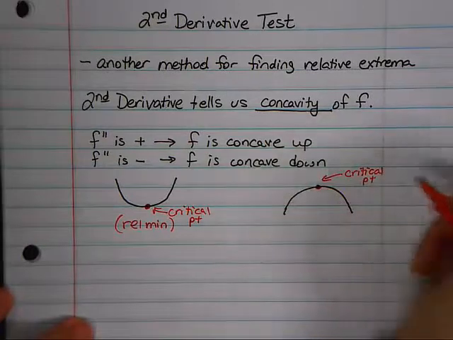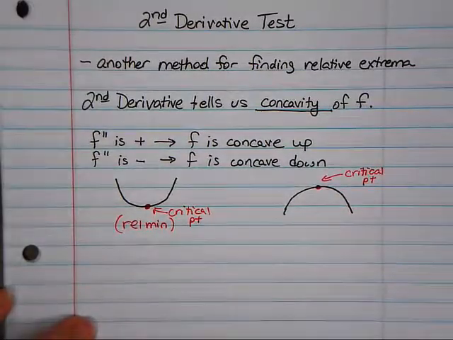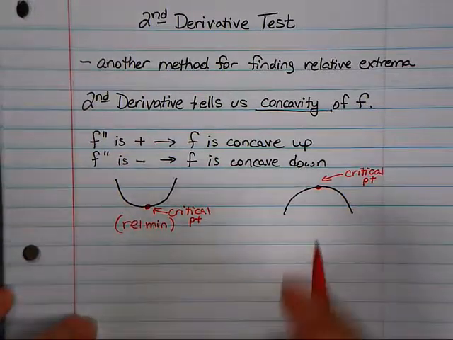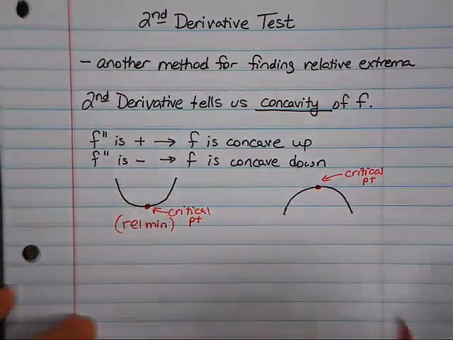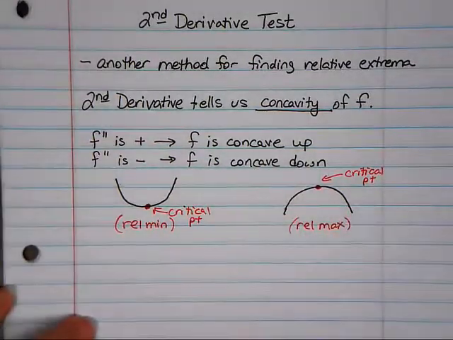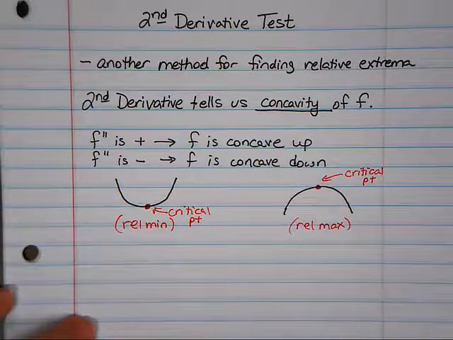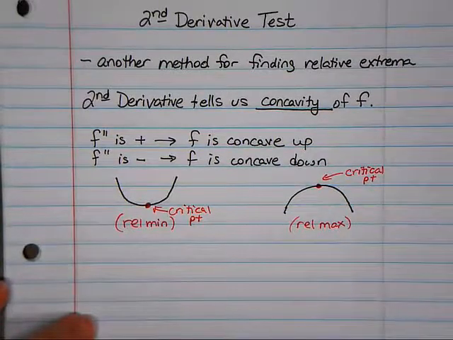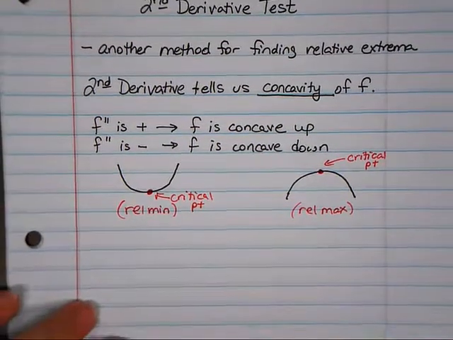So if you have a critical point on a graph and you know that it is concave down there, what does the critical point have to be? It has to be a relative maximum. So the concavity of a graph can tell you whether a critical point is a max or a min. Okay? That's the gist of how you do this.